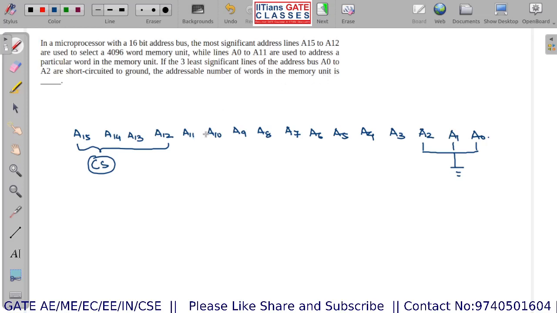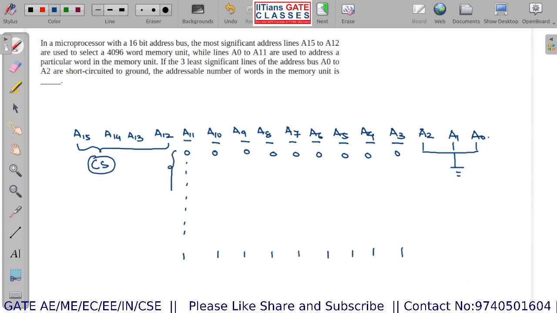How many lines are available for addressing? 1, 2, 3, 4, 5, 6, 7, 8, 9. So these 9 lines can take values from 000000000 to 111111111.